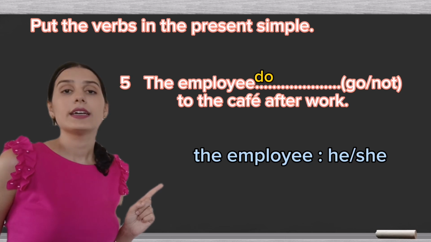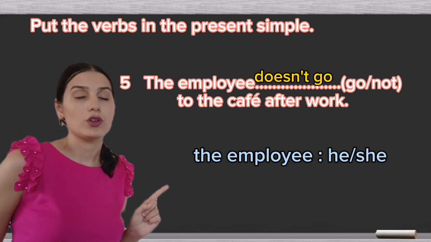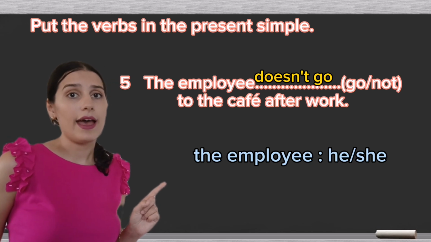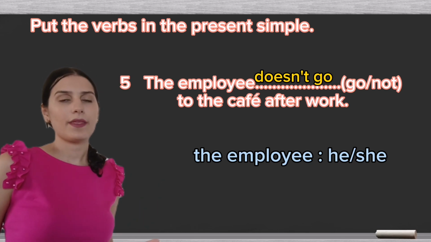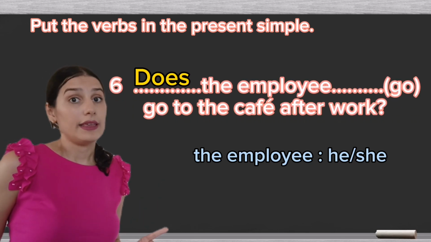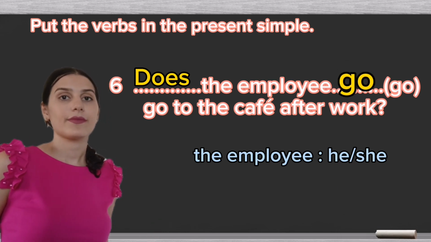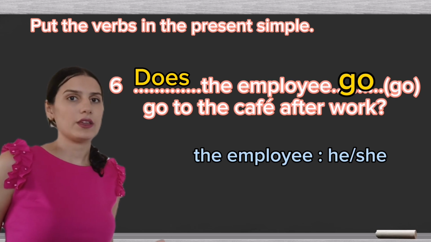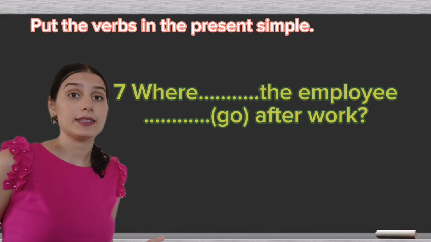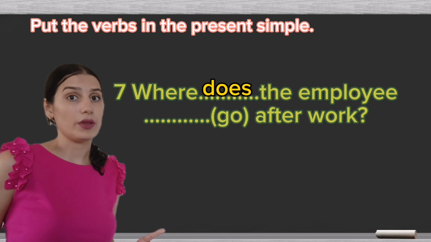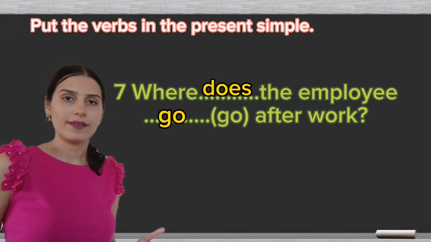The employee doesn't go, does not go, or doesn't go to the cafe after work. Does the employee go to the cafe after work? Or we can use a question word to ask about the place. Where does the employee go after work?